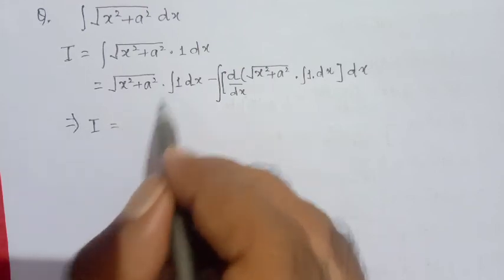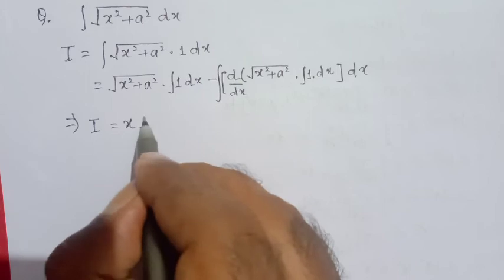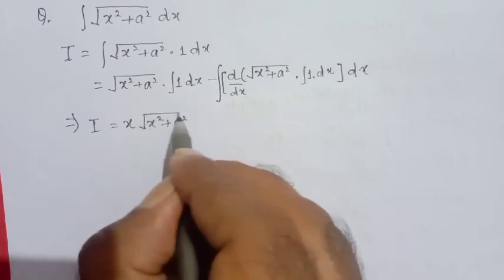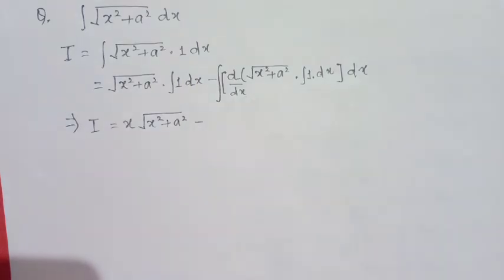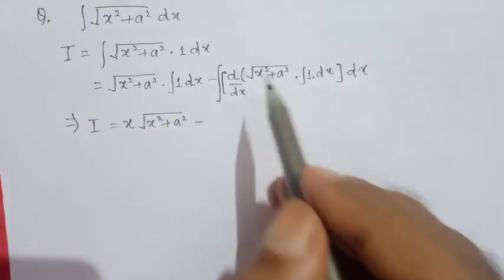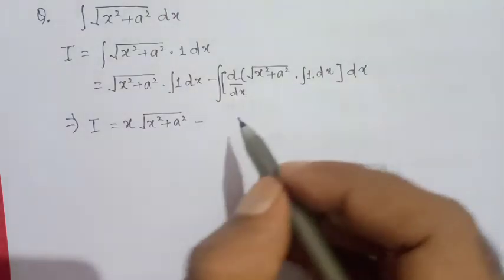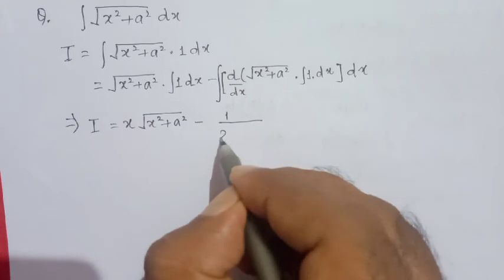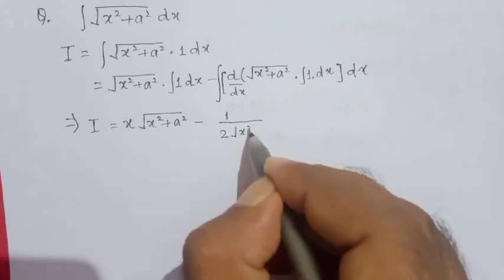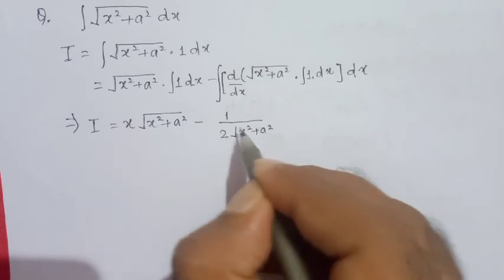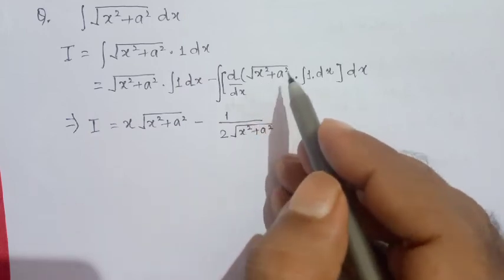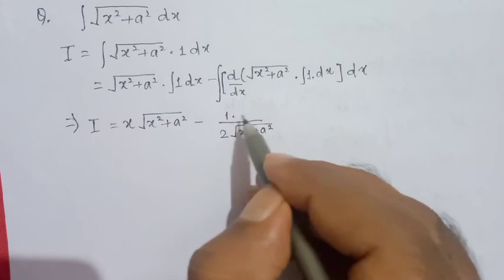So integration of 1 is x, so hence I should be written as x into under root x square plus a square, minus differentiation of root x, which is 1 by 2 root x, means 1 by 2 under root x square plus a square, and again differentiation of x square plus a square, which is 2x.